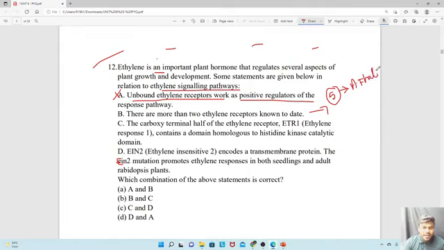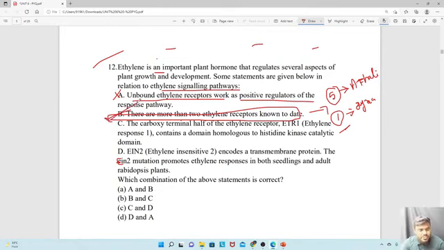I hope you remember. And I told you, in case of Oryza sativa, there is one ethylene receptor identified. So option B says that there are more than 2 ethylene receptors known to date. Absolutely true statement. More than 5 were identified. They said more than 2.